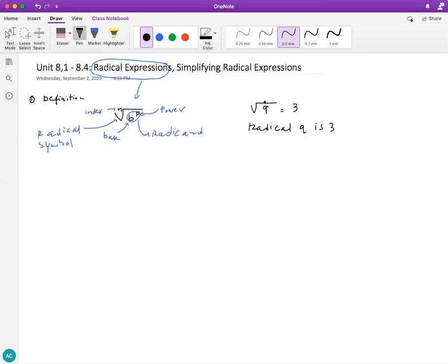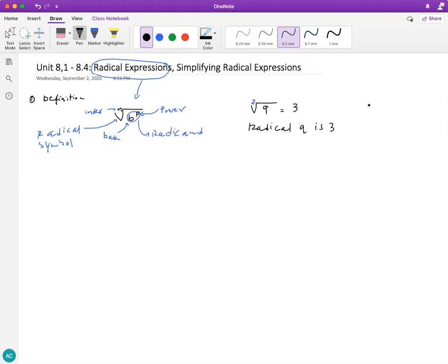When this is a square root, the radical here, or the index, is 2. So with the radicals, if you don't see an index, by default, that's 2. Not 1, but 2, okay? And if it's different than 2, it has to be written here. For example, 3, 4, 5, 6, could be anything here.